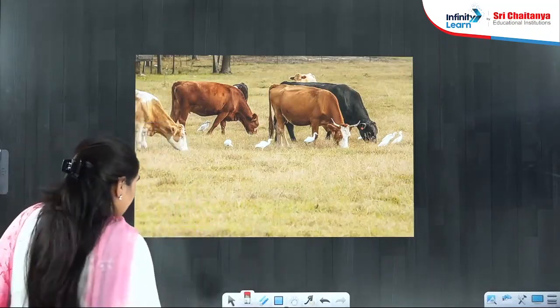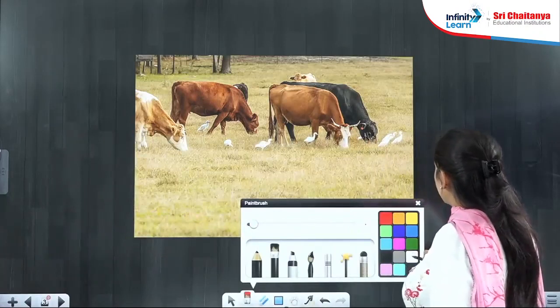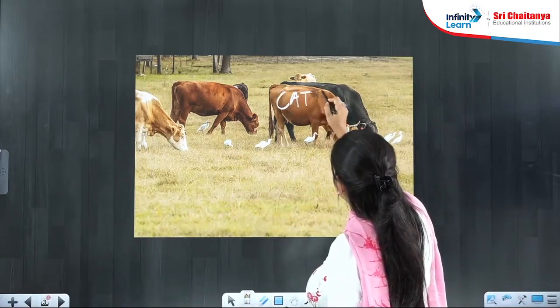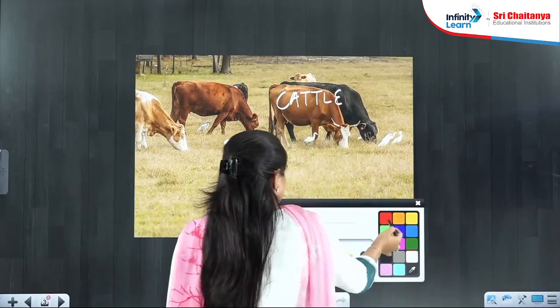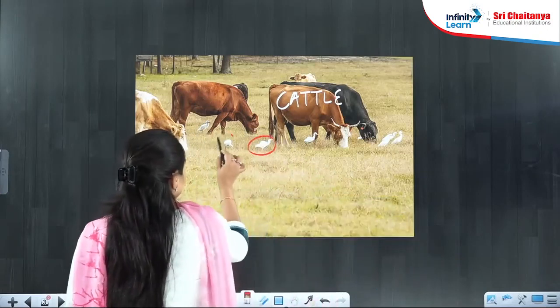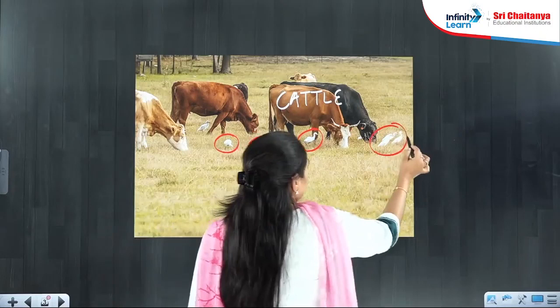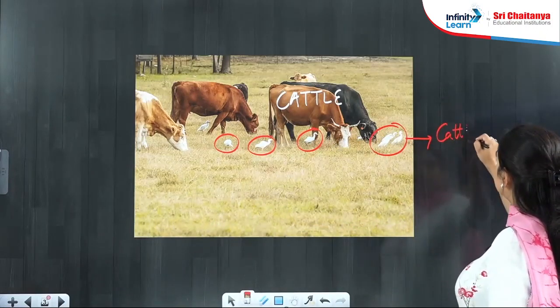Here I wanted to show you the cattle, beta. And you can also see these birds, beta. Can you see these white birds? What is this white bird? This is known as cattle egret.